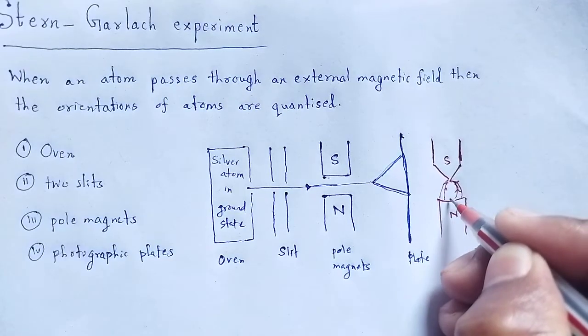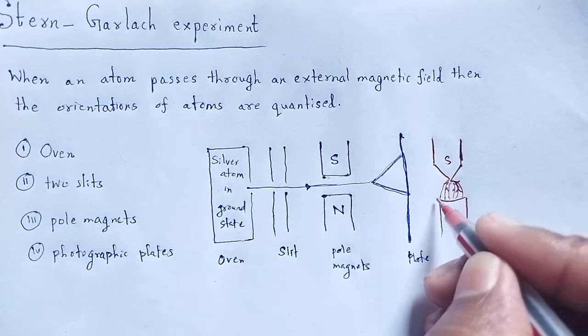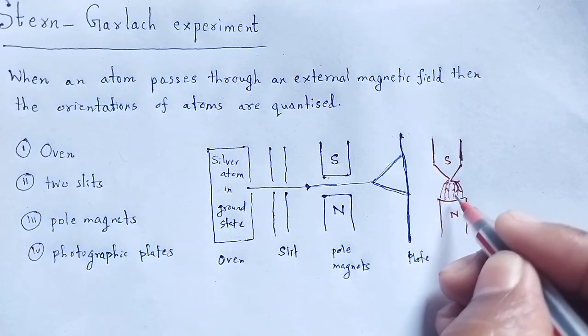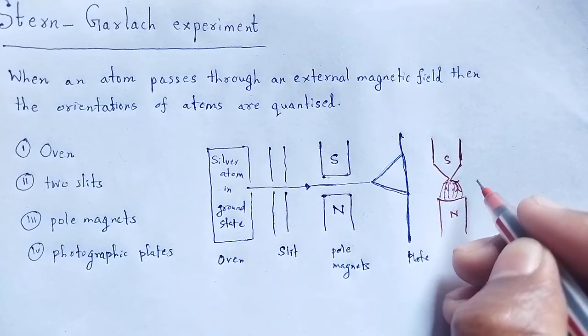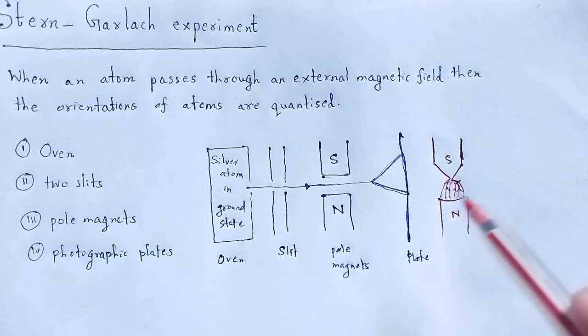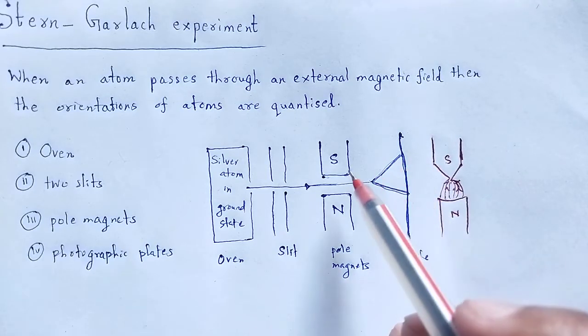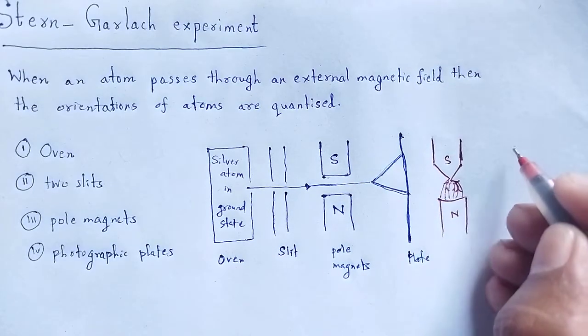These are the magnetic lines, meaning the magnetic field strength. The magnetic field strength is more in the north pole region compared to the south pole region, and the magnetic lines are along the z direction.